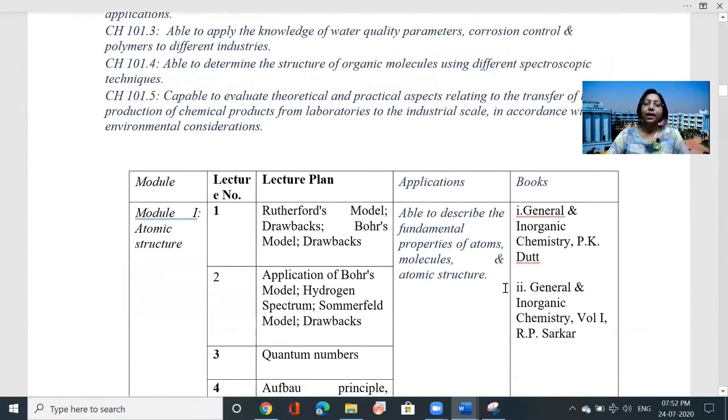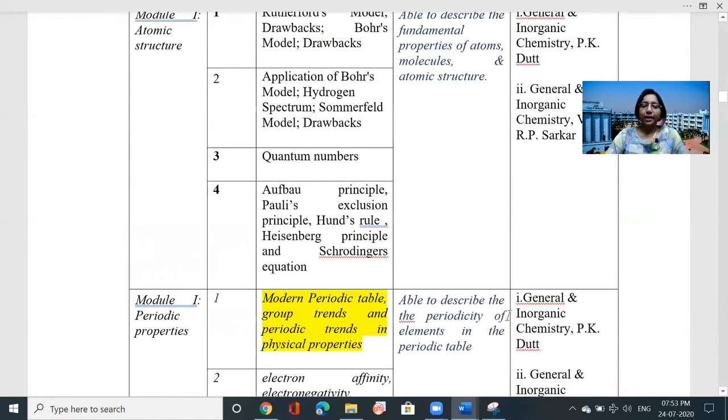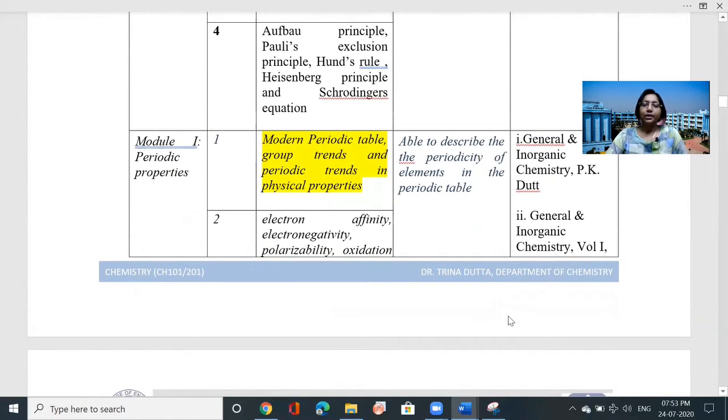Here the entire lecture plan is given, so you can understand which topics will be covered on which day. This is module 1, the start of periodic properties.